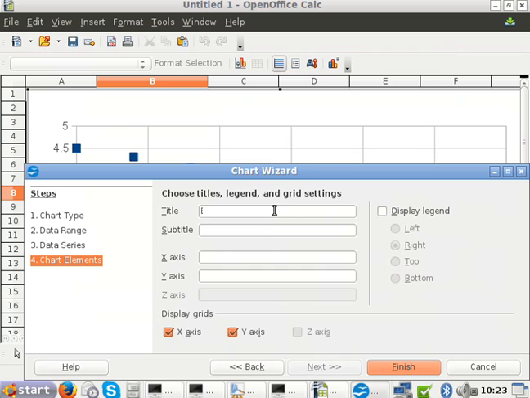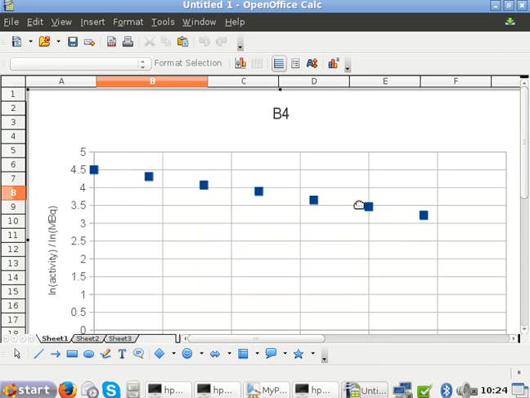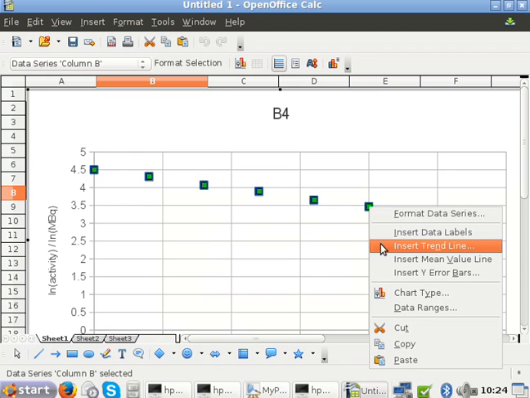So this is B4, and here is time in hours, and on the y-axis is log activity, and the units are log megabecquerels. And we should put in our line here.